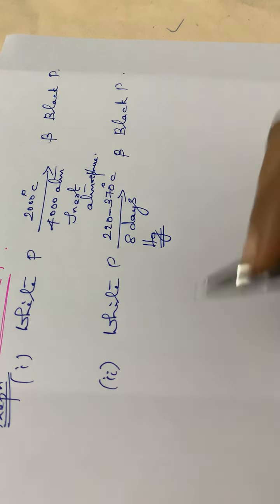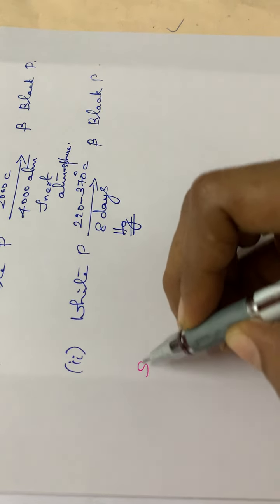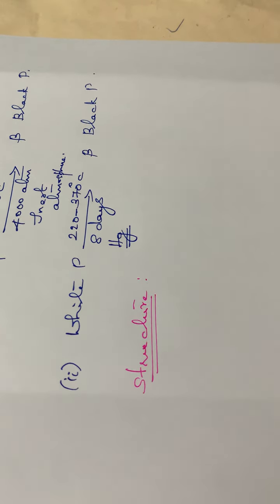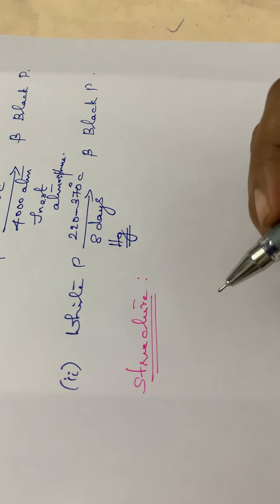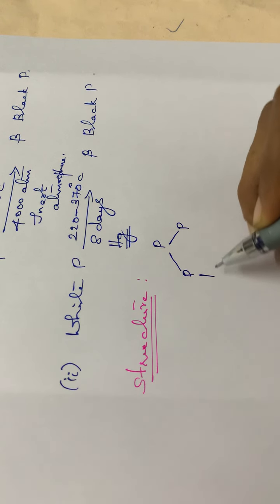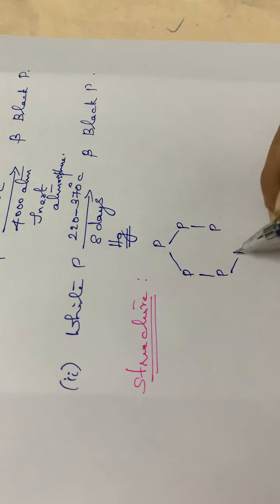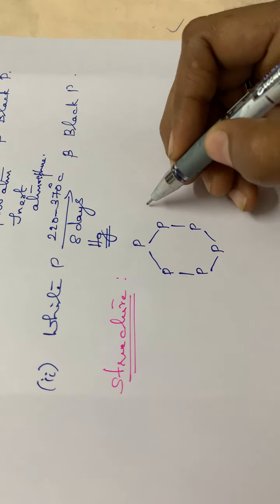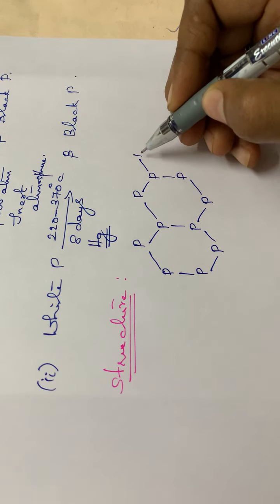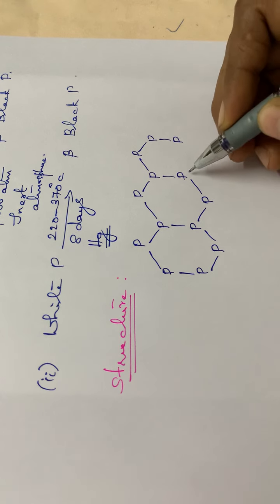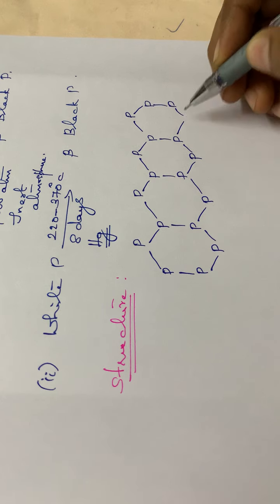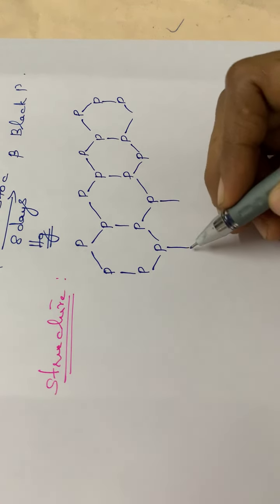And then coming to the structure of this beta black phosphorus, it will be like this. It is just a hexagonal layer like structure. See, it has got a layer like structure.